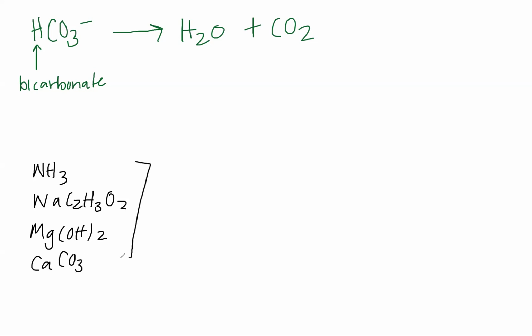First of all, there's the science way to do it, the chemistry way to do it, and the not so chemistry way to do it. First of all, we're looking at these as our products, right? Out of here, I know I have to have a carbon source. No, I don't have a carbon source here, and I don't have a carbon source here, but I do have a carbon source here and a carbon source here.